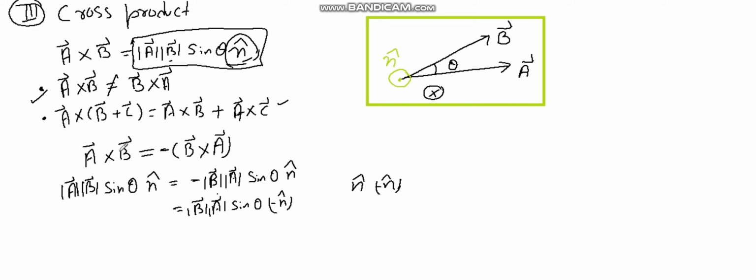That means A cross B will point away from this plane, and B cross A will point inside this plane.